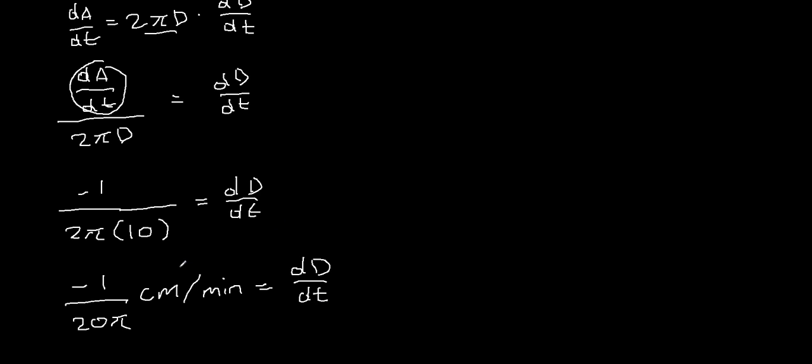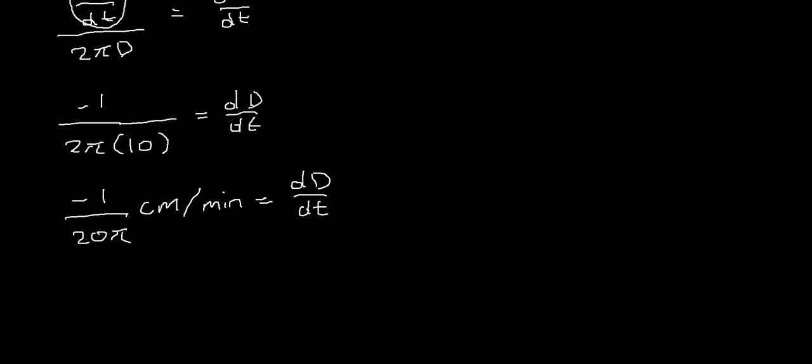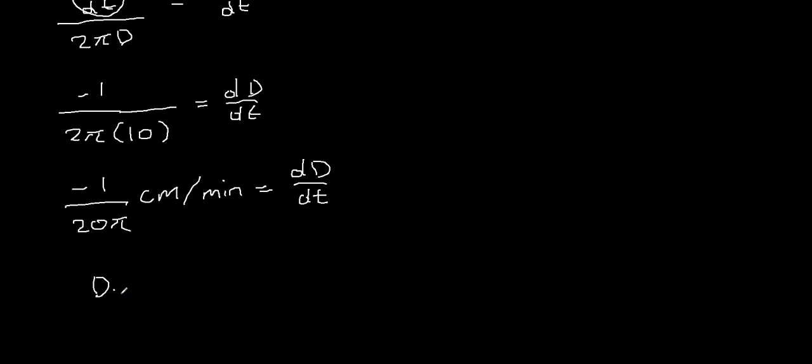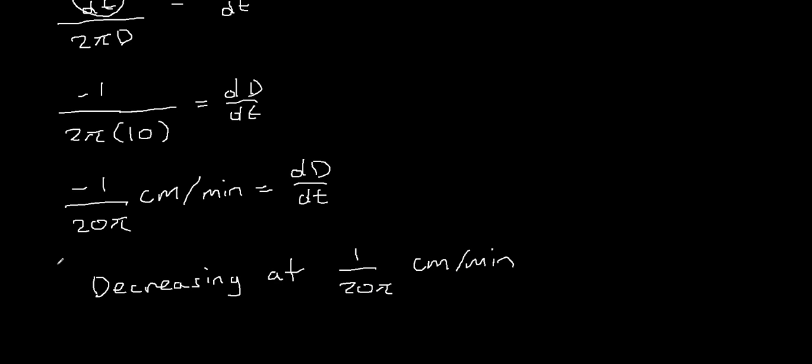You could also say -1 over 20 pi centimeters per minute means it's decreasing at 1 over 20 pi centimeters per minute. Either works. The negative is just indicating that it's decreasing. So you can either say that this is the rate with the negative, or say it's decreasing at the positive rate. And that's how you do this example. I hope you learned something. Thanks for listening.